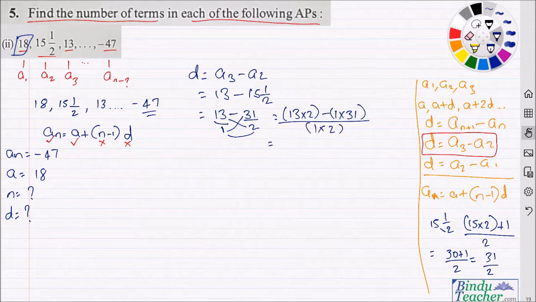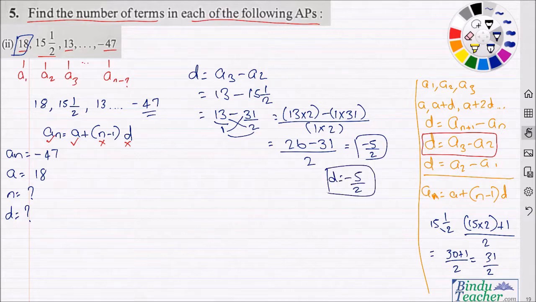So let's simplify this. 13 into 2 is 26 minus 31 divided by 2. Here we get the value of minus 5 by 2. So D has been calculated as minus 5 by 2. Now let's apply this in the formula that we have here.